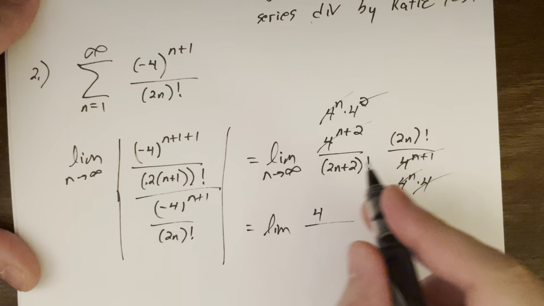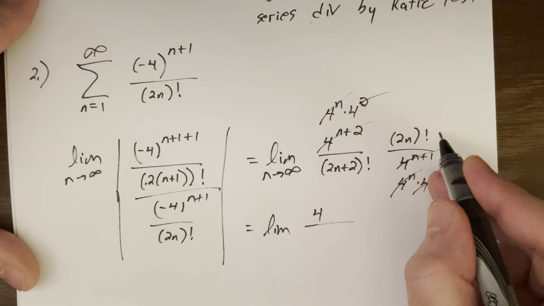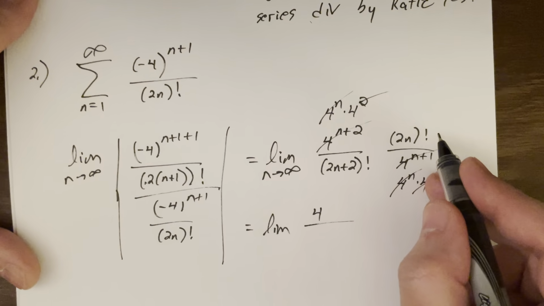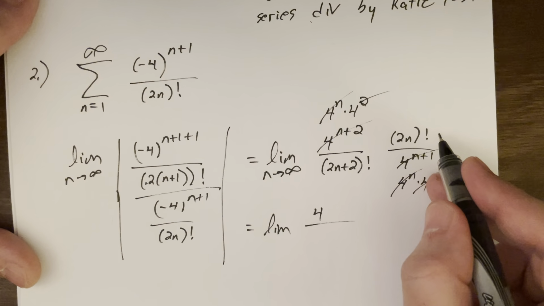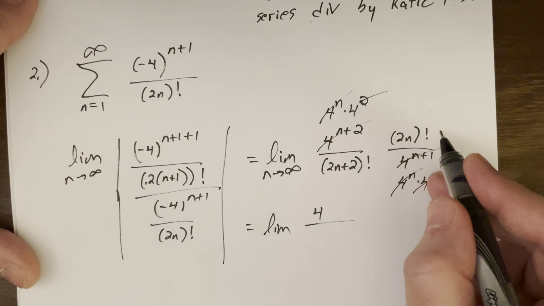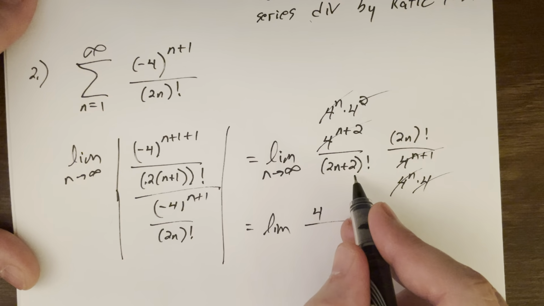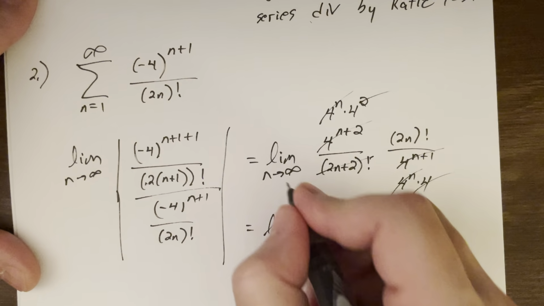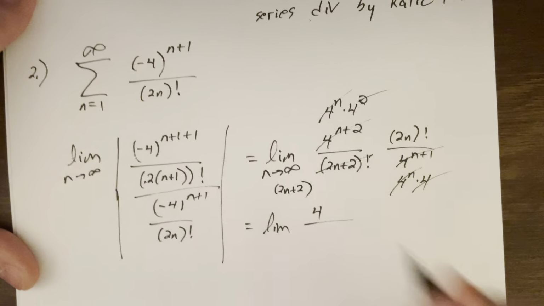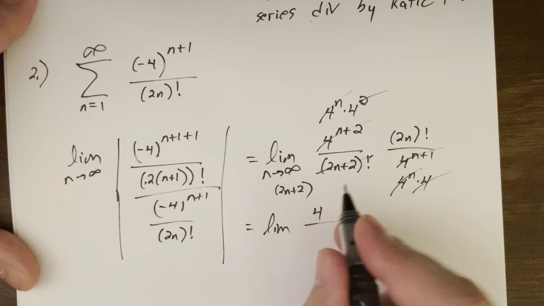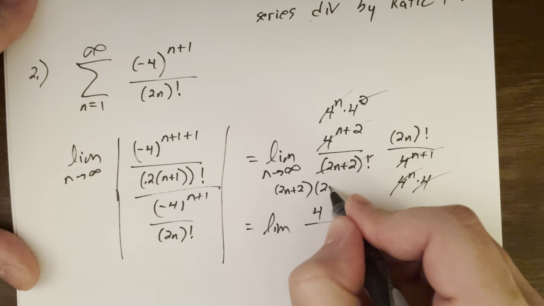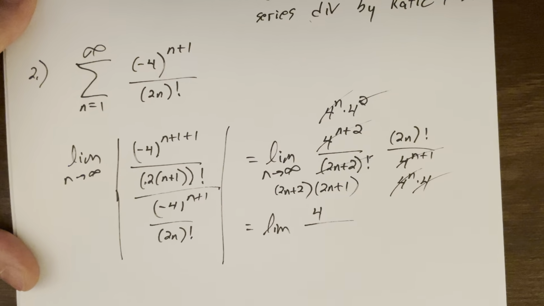Well, what else? These two pieces, remember, go back, we did a little bit of this with sequences, and now we'll get some more practice. The bigger factorial can always expand to then cancel with the smaller factorial. This is the bigger one. So (2n+2)! will start as 2n plus 2, but then subtract 1: 2n plus 2 minus 1, which would be 2n plus 1.